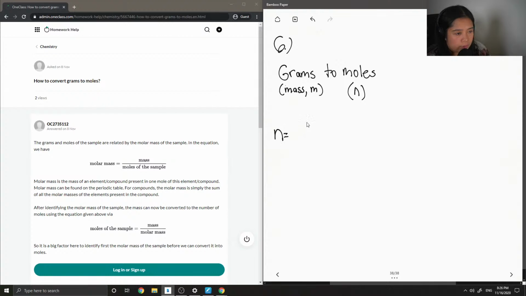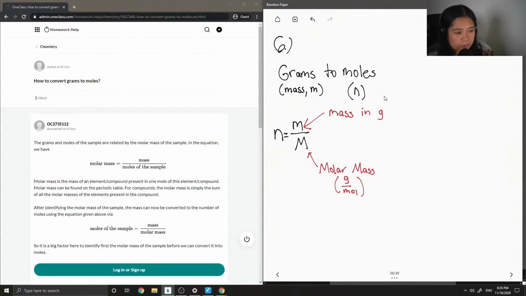So to solve for number of moles, it would be mass over molar mass. So molar mass is the value that you would just find on your periodic table, also known as atomic weight. And its units are in grams per mole.